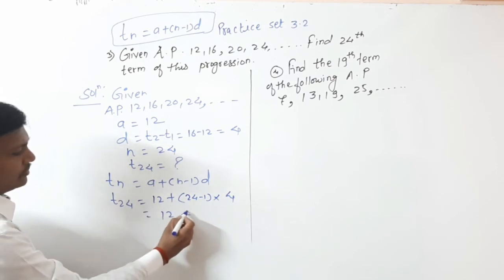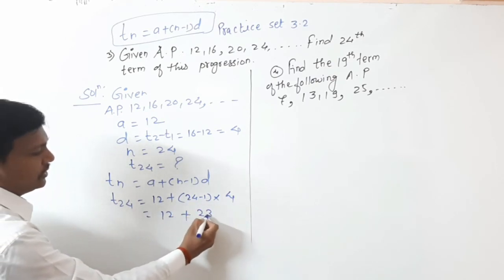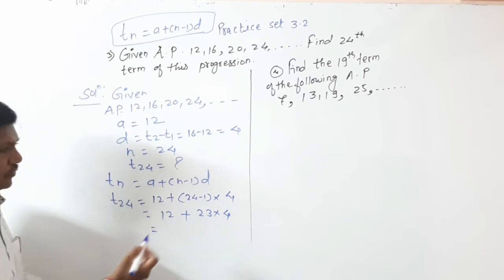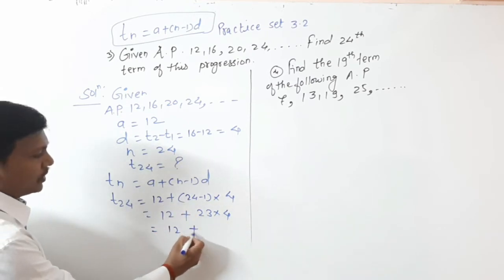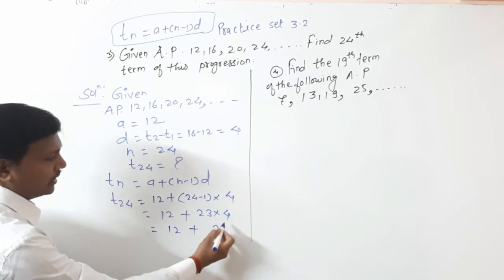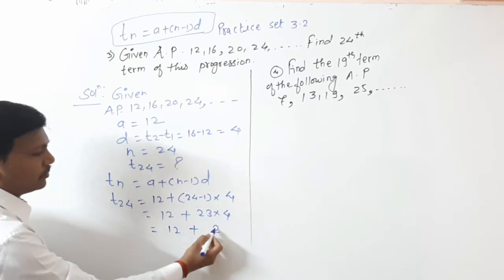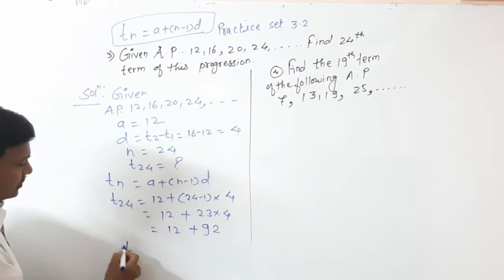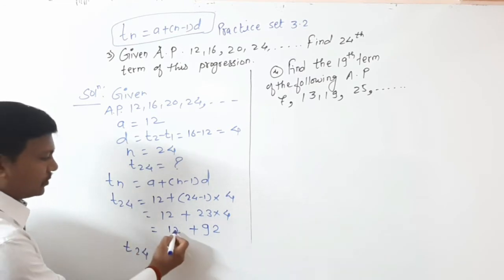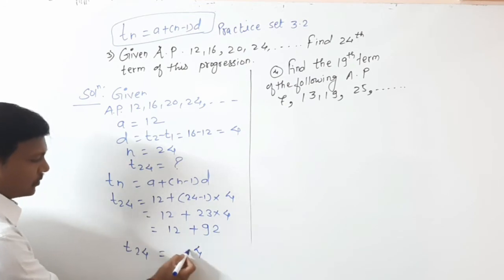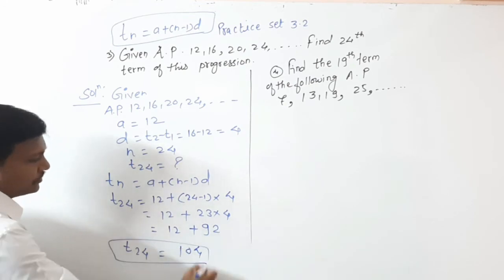So 12 plus 23 into 4. So first multiply and then add this 12. So 4 3s are 12, 4 2s are 8, 8 plus 1 is 9. So here the 24th term is 104.